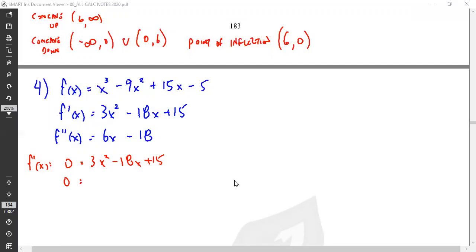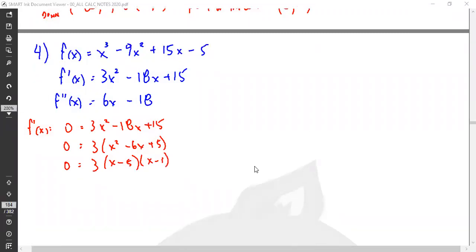Whether you just leave it as common factored out 3, or divide since it's equal to 0, we get x squared minus 6x plus 5. Let's just leave the 3 there, it's not doing any harm. x minus 5, x minus 1. That way that's still our first derivative function. So we have critical numbers where our first derivative is 0 or undefined. So we have critical numbers at x is equal to 5 and x is equal to 1.